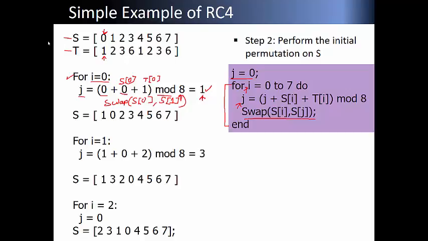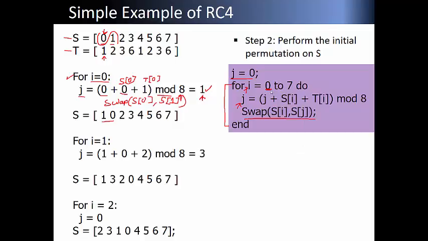Which means, come back here, the vector S, so 0 and 1, these two need to be swapped. So we have it here. All the rest remains the same. This is done for only one iteration of this for loop.